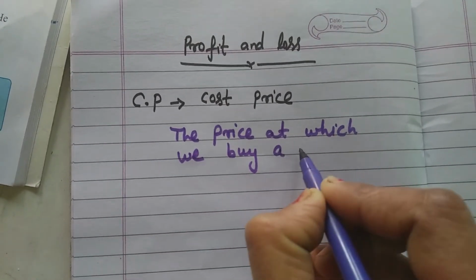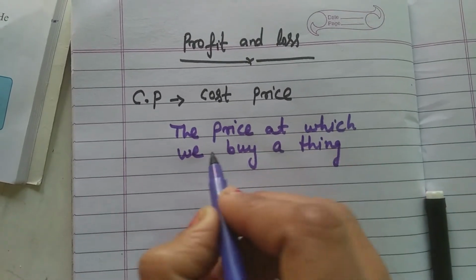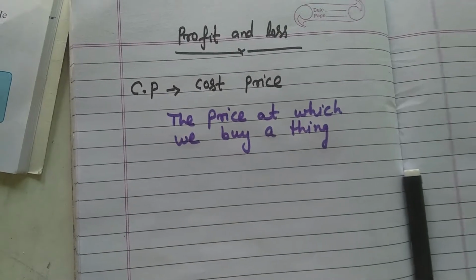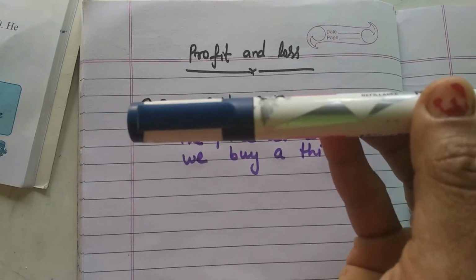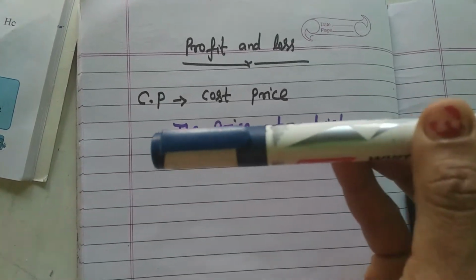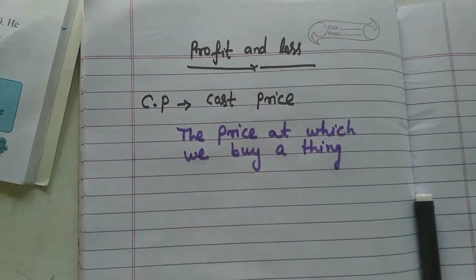The price at which we buy a thing is called cost price. As I have given you the example of this marker, I bought this marker at 20 rupees. So, the cost price of this marker is 20 rupees.